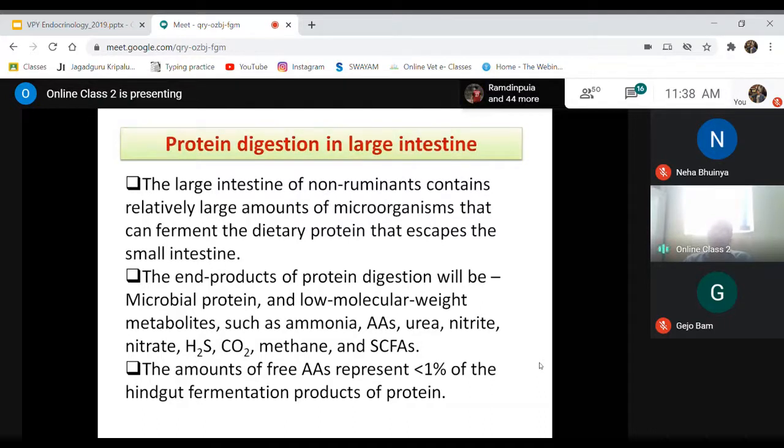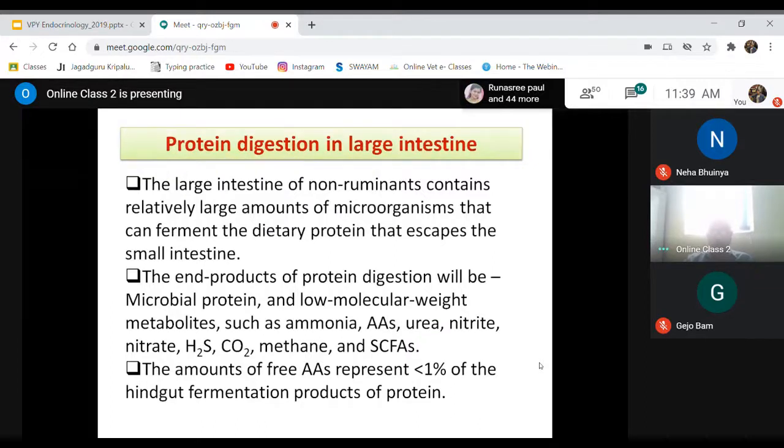In the cecum there will be microorganisms, like the rumen of ruminant animals, and these microorganisms will be responsible for hydrolyzing the leftover protein, or protein escaping digestion in the small intestine as well as the stomach.